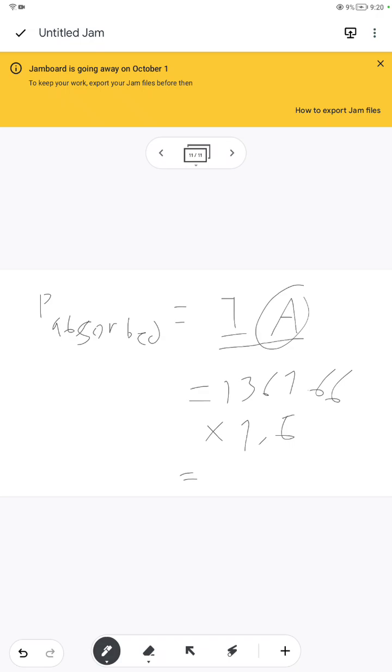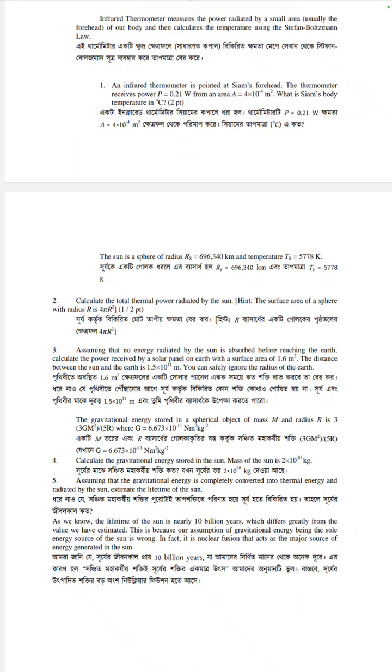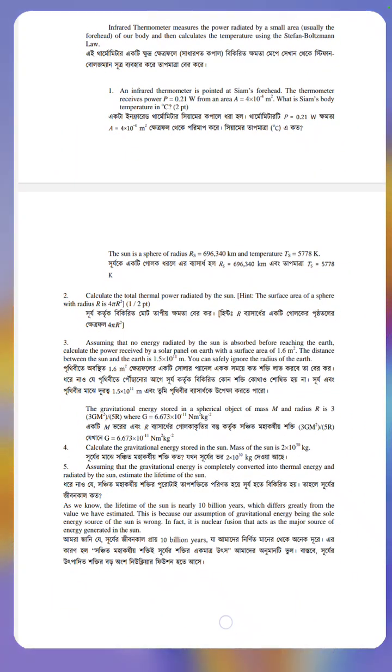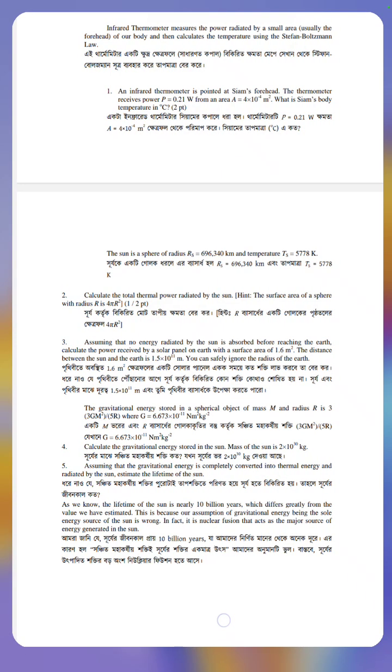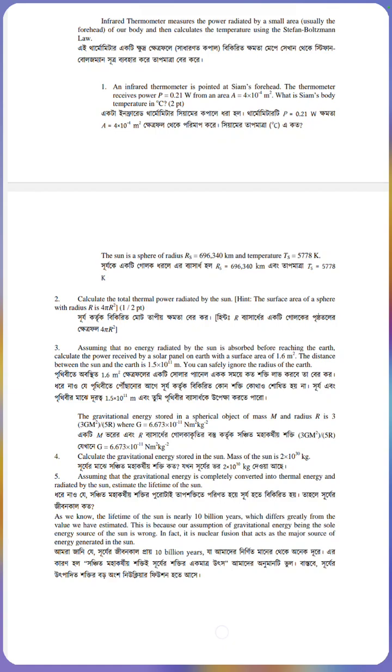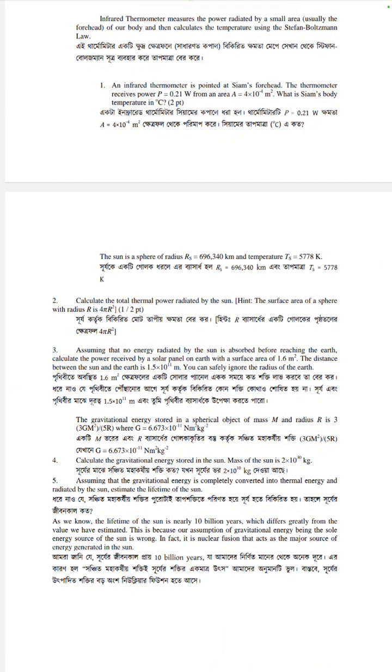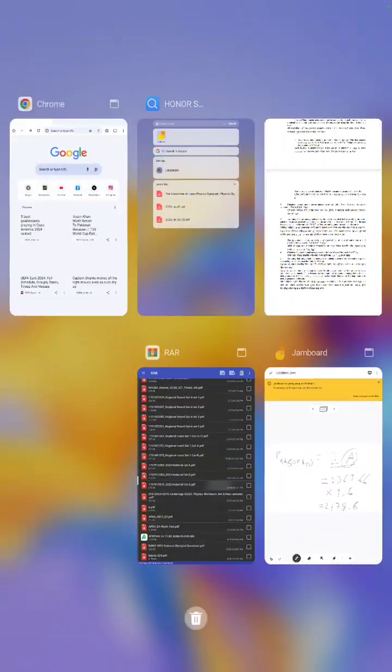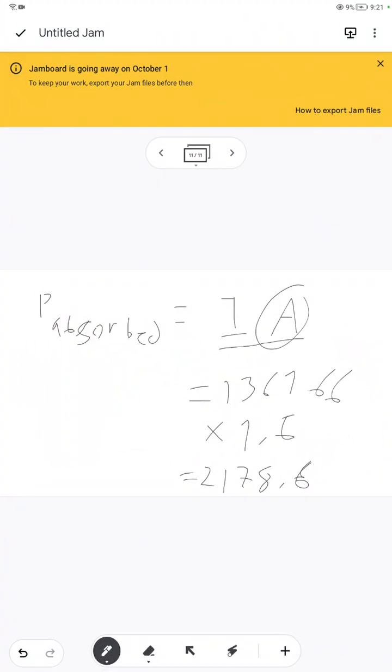So I'll just multiply the intensity with 1.6. It's 2178.65 watts, the power absorbed, and the unit will be watts.